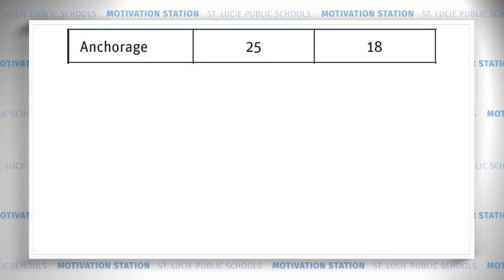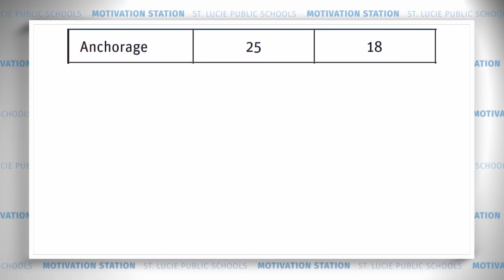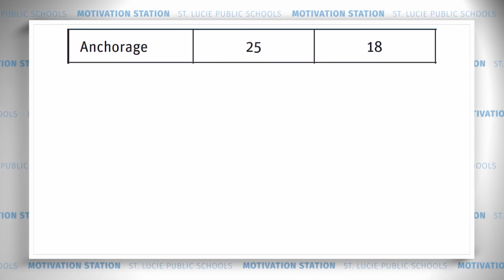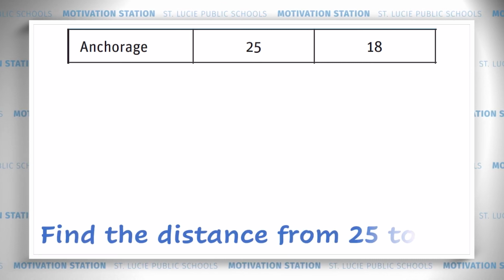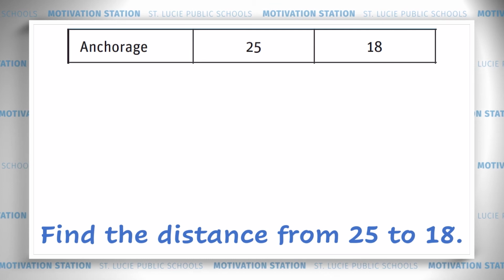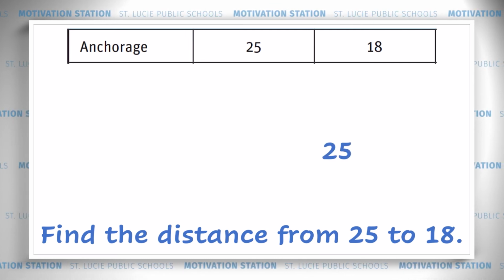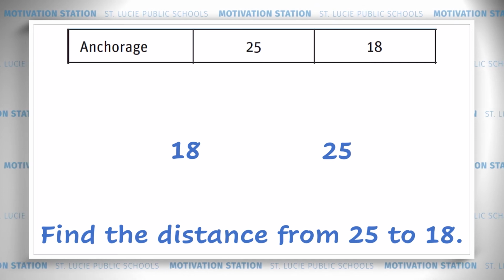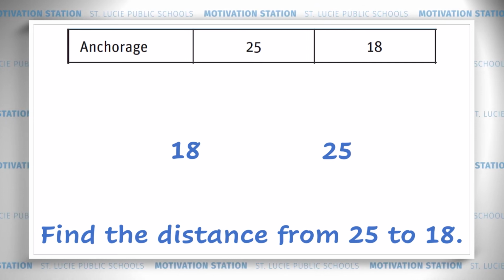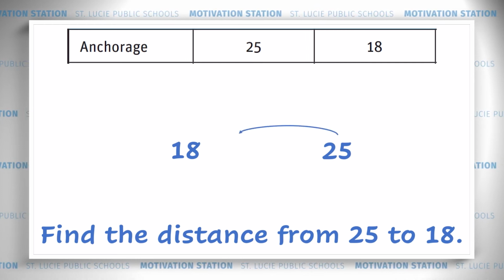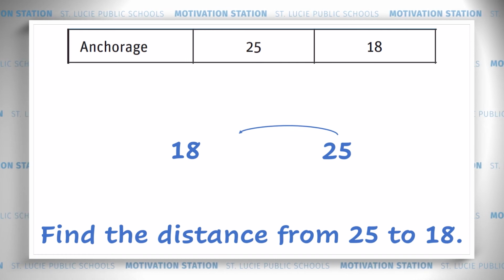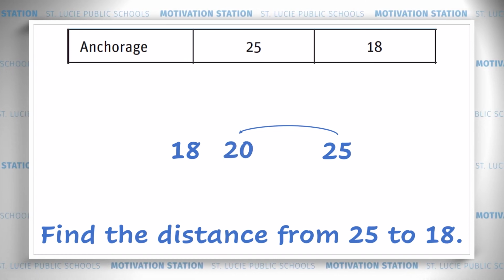Now that we know where Anchorage is, let's find the difference between their January high and low temperature. For this one, we're going to find the distance from 25 to 18, meaning we're going to start at 25 and go down to 18 and find the distance between. Let's start with a nice big jump close to 18, an easy 10 like 20.